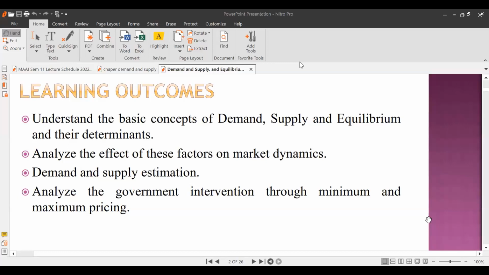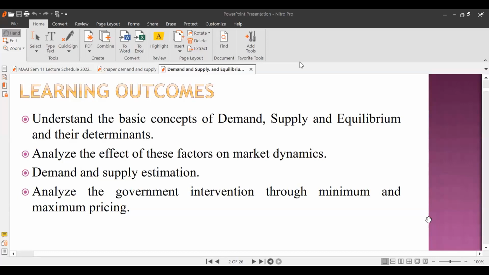Therefore you should do some exercises relating to demand calculation, supply calculation, and finding the equilibrium price and the equilibrium quantity, and then the excess demand and excess supply.